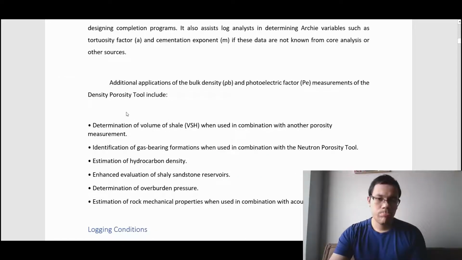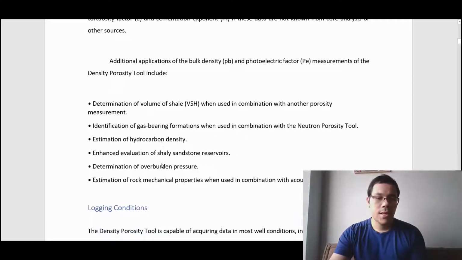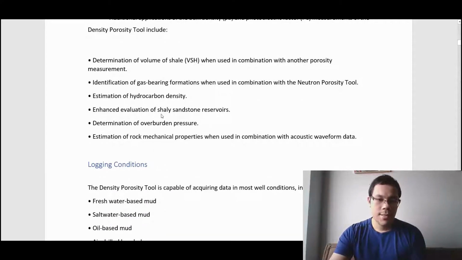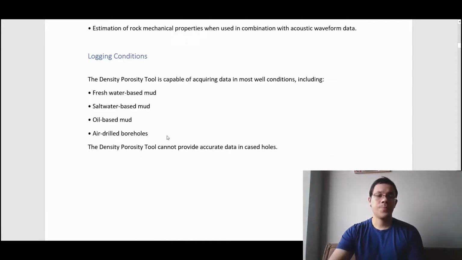So these are other applications like determining the volume of shale, identifying gas bearing formation, hydrocarbon density, and hence evaluation of shaly sandstone, determination of overburden pressure, and the mechanical properties of the rock.